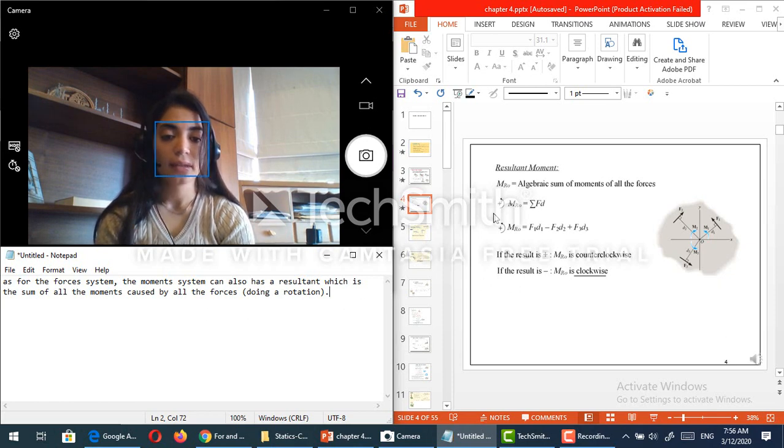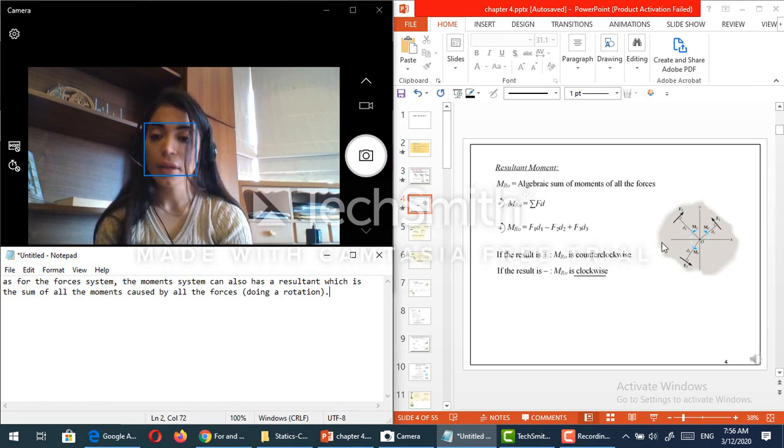As you can see in slide 4, which is about the resultant moment, a moment resultant is the algebraic sum of the moments of all the forces, of course, causing a rotation around a point O. Now let's take the system here.